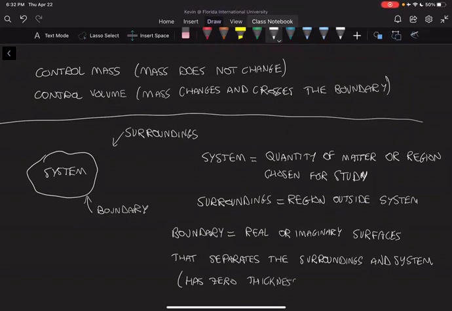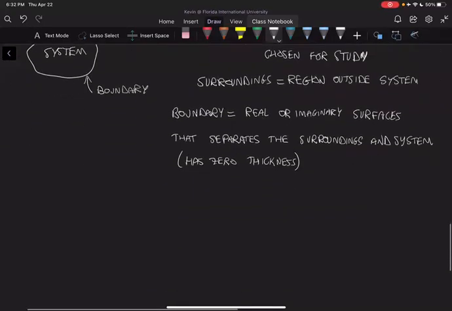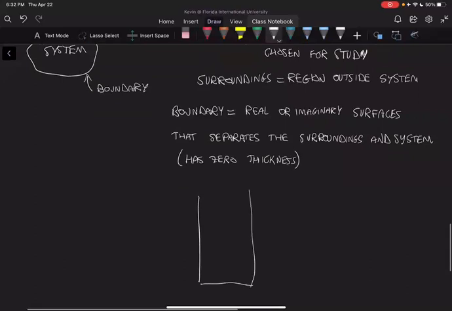Okay, it's an imaginary thing that we use to see if there's any energy crossing over from it or what could be happening. So, for example, if we had our piston cylinder assembly like this, with our arm for our piston, and we had a fluid in here, since our boundary is, let's do the boundary in orange here.